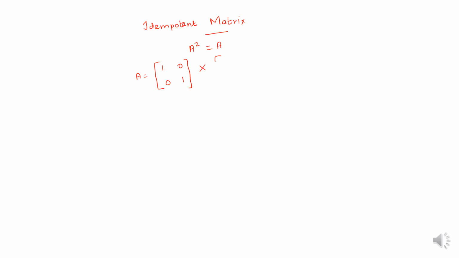If we multiply this with the same identity matrix, we will get the identity matrix again. So this is the example for idempotent matrix. Next, involutory matrix. Involutory matrix na enna? So involutory matrix means A into A, that is A square வந்து I க்கு equal இருக்கும். So that is involutory matrix.